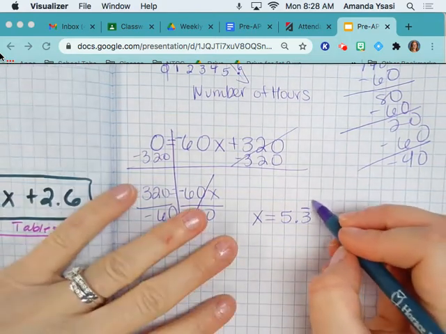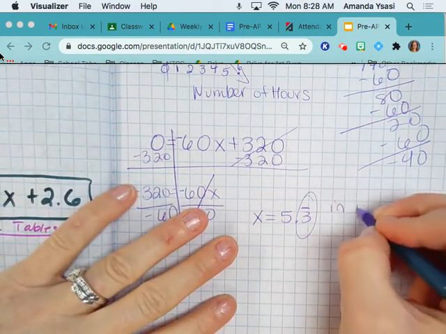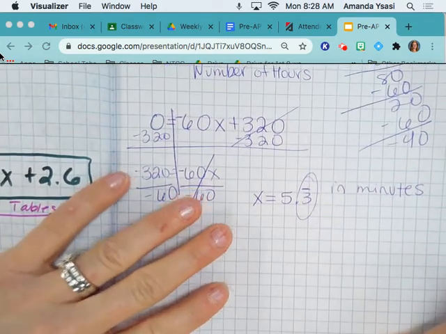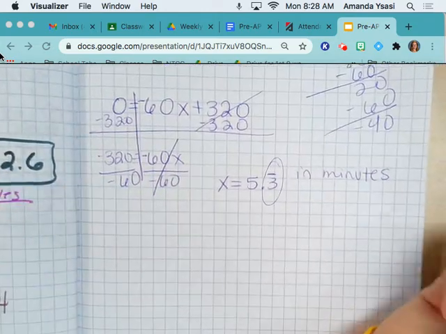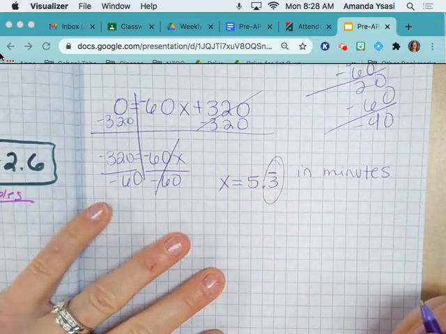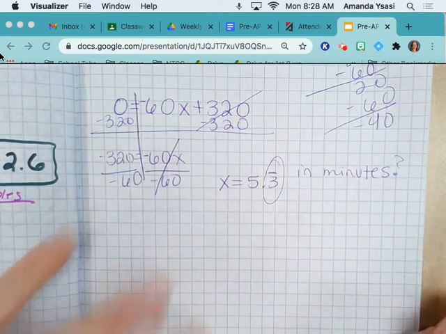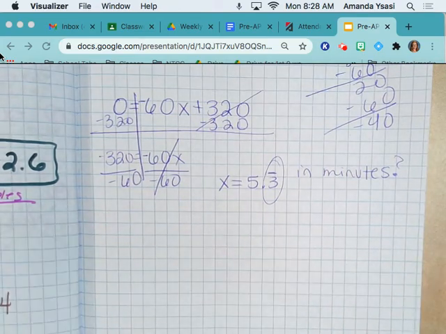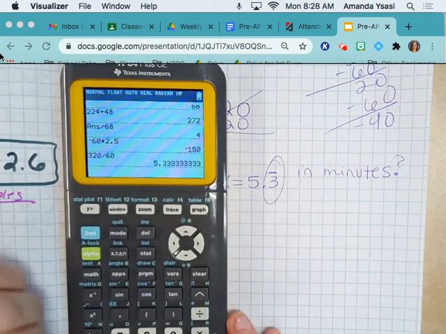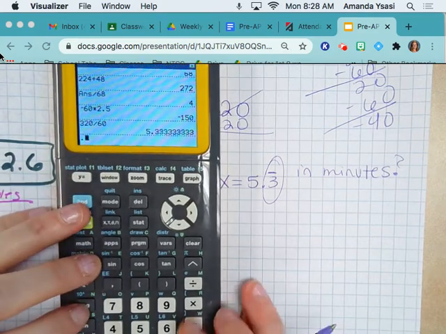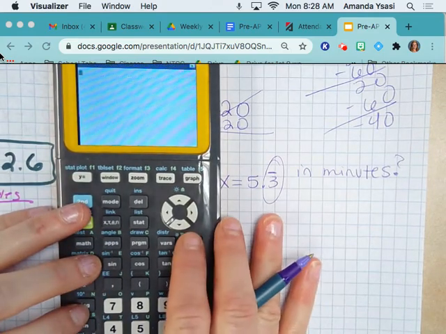But we want to know what this is in minutes. How do you determine what that is in minutes? How many minutes are in an hour? 60. So that'd be 1/3, right?